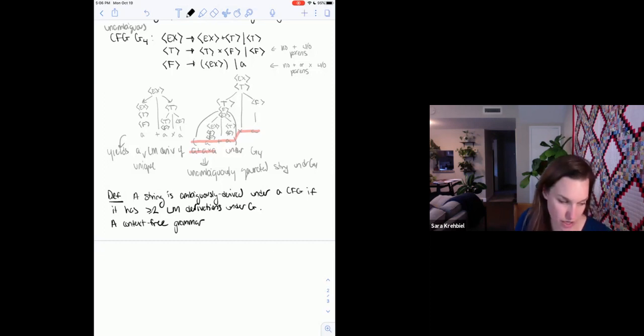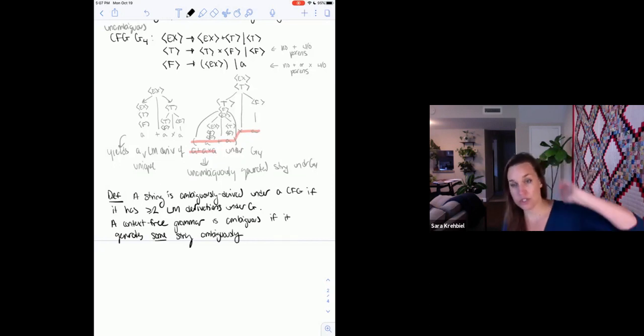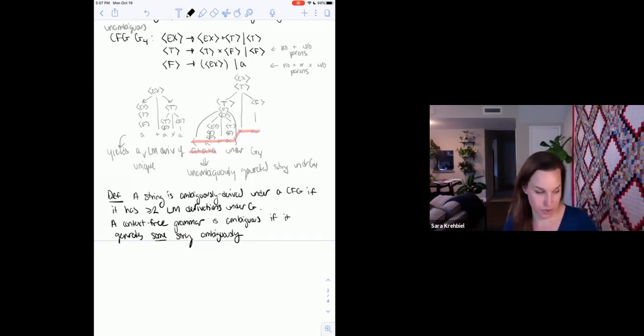A grammar, context-free one, is ambiguous if it generates some string ambiguously. So you need 2 leftmost derivations to have an ambiguous string. You need 1 ambiguous string to have an ambiguous grammar.